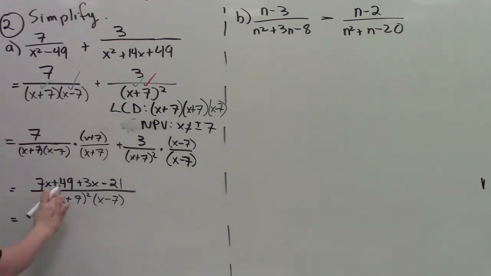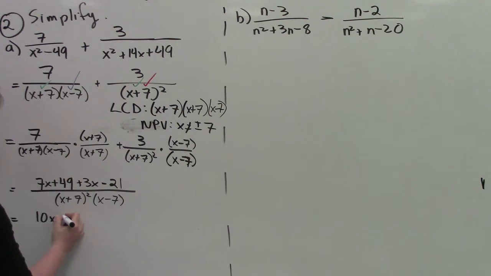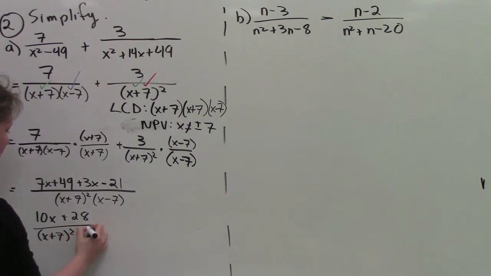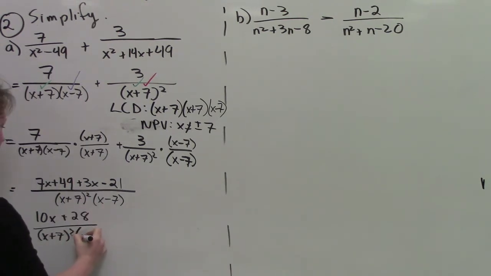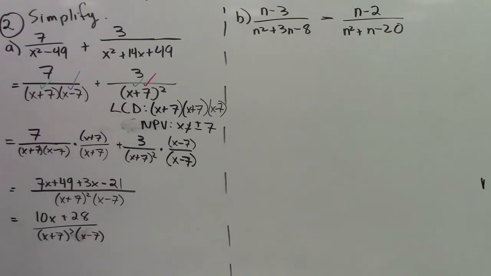What I'm going to do now is collect like terms. 7x plus 3x is 10x. 49 minus 21 is positive 28, all over x plus 7 squared times x minus 7.